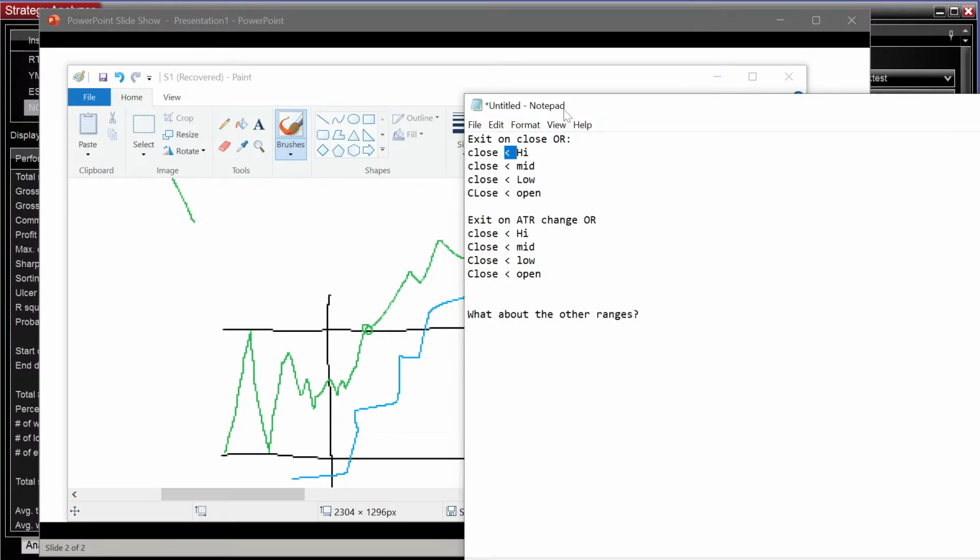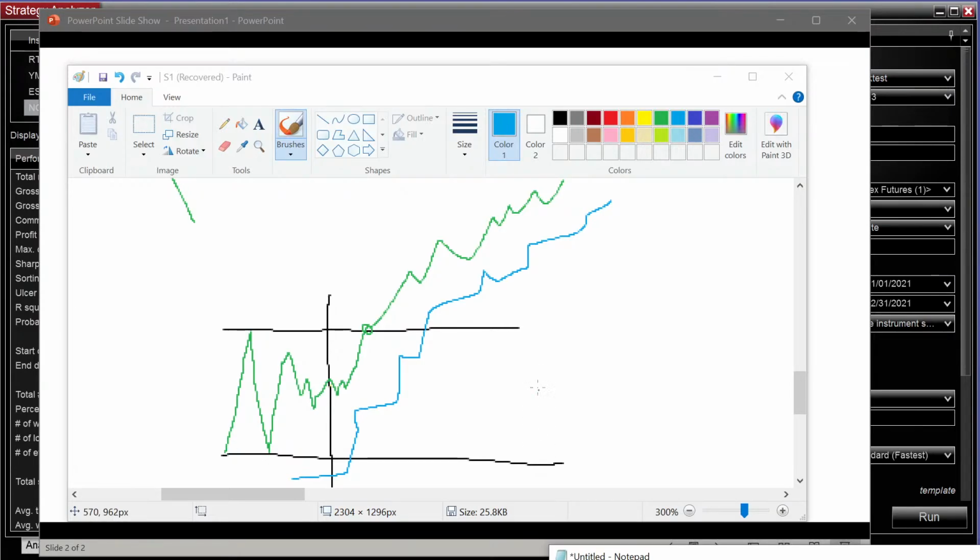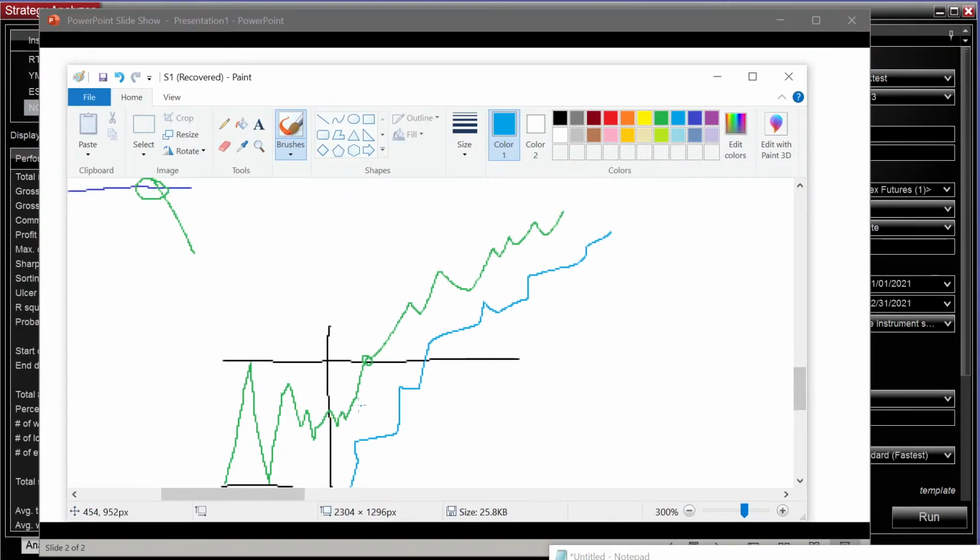So it's a dual stop loss. So let me take away that ATR. If we entered here, we can just pretend that right here was the close price. We would hold till the close, or exit when it closes beneath the opening range.